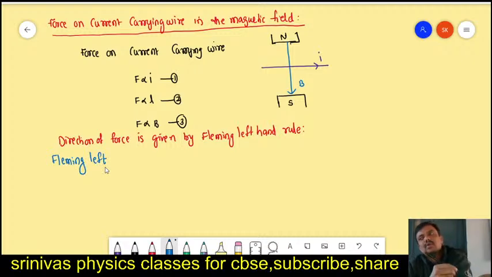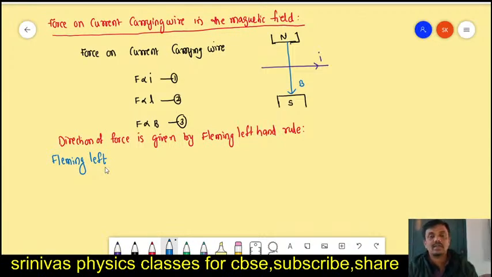Just take one current carrying wire, take one magnet and keep it near the wire. When the magnet is kept near the current carrying wire, a force will act on the wire and it will deflect.